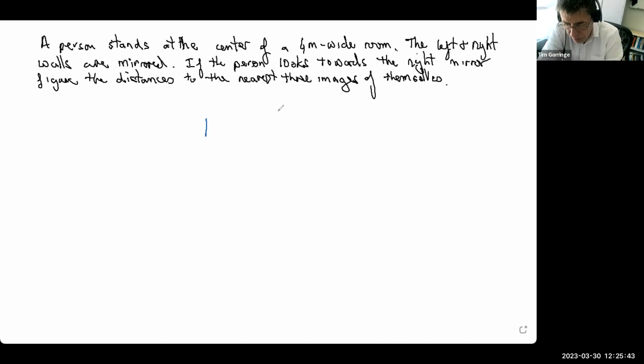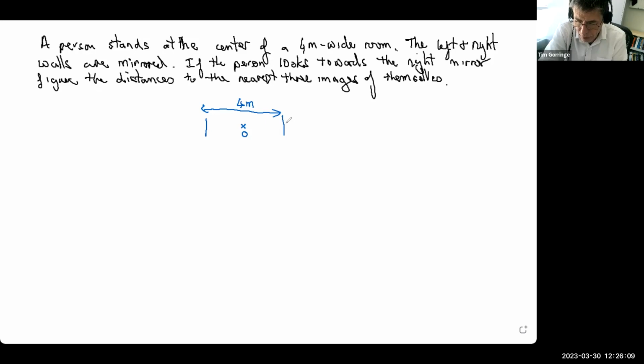I'm going to draw the room. Here it is. It's 4 meters wide. And I'm going to draw the person, at the center of the room. The person is the object. We're going to think about the closest image that the person sees of themselves in the right-hand mirror.